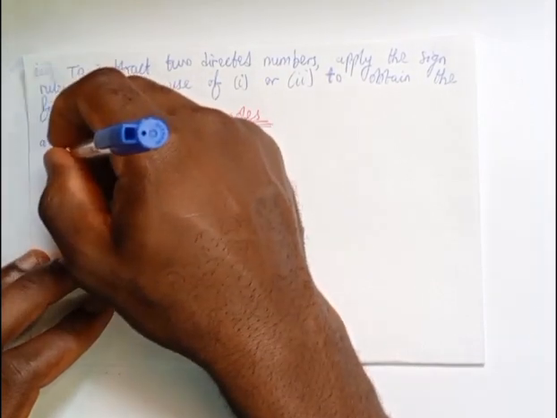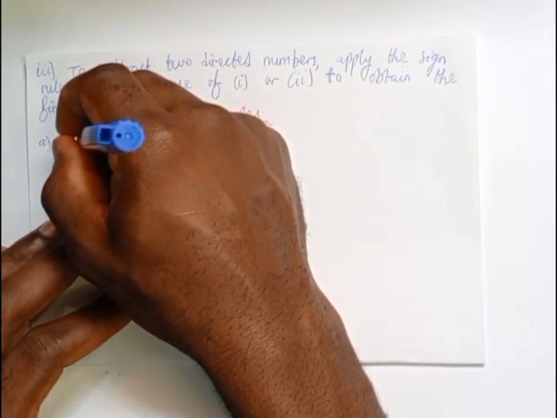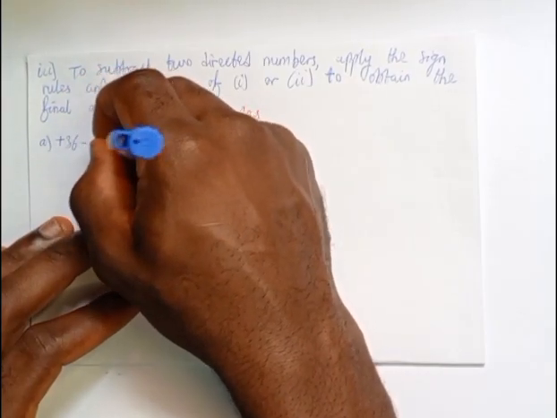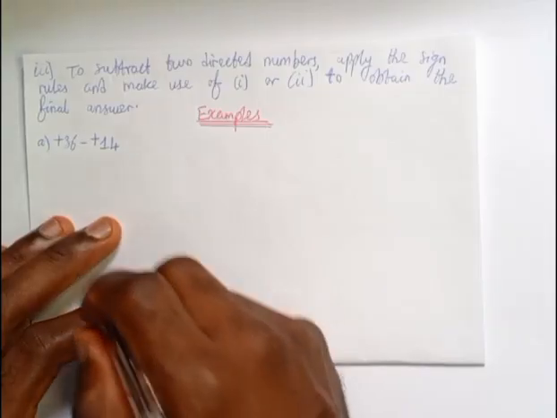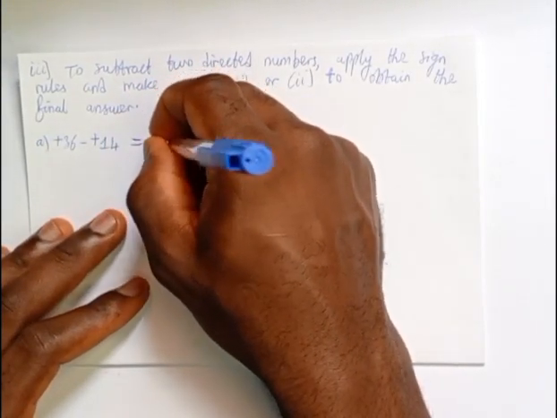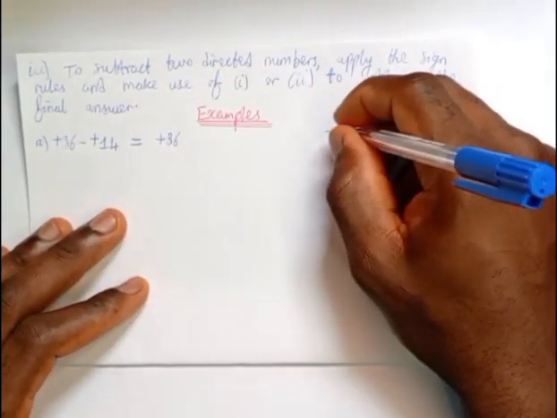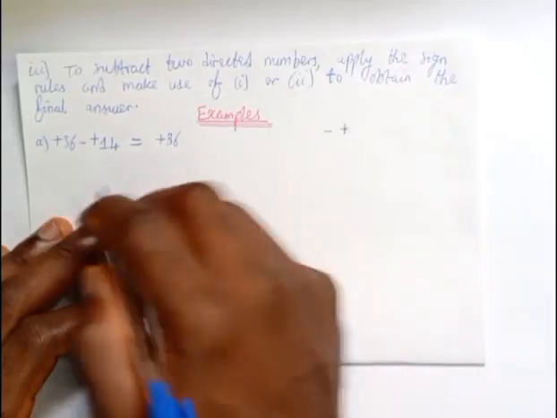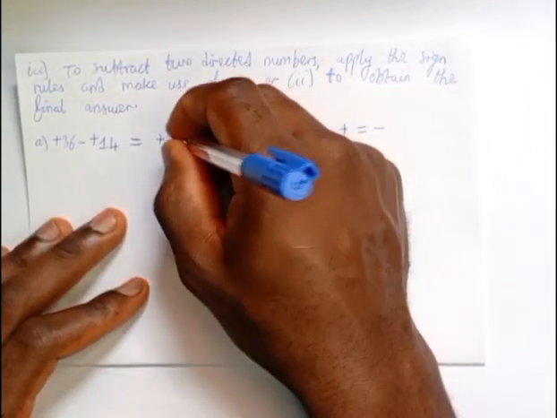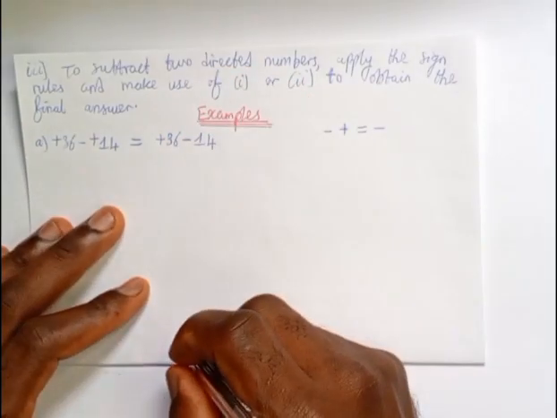For A, we have positive 36 minus positive 14. This will simply be equal to positive 36. According to the sign rule, negative times positive here will simply be equal to negative. We're going to put minus 14.